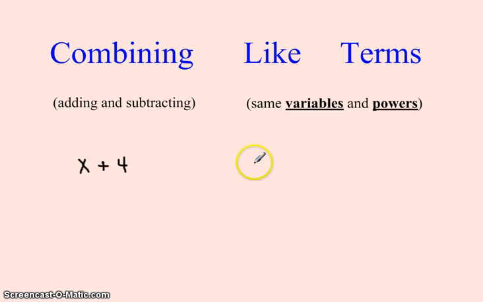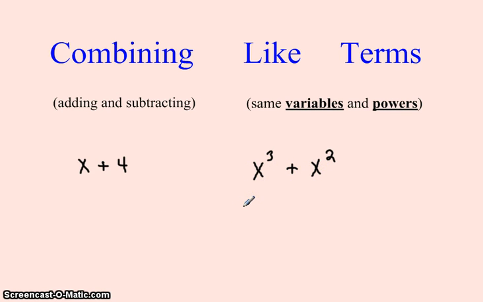It's the same thing with powers, even with the same variable. So if I had like x to the third plus x squared, I can't combine these. x to the third and x squared are just as different as an x and a 4. We can't combine these, so these are not like terms.